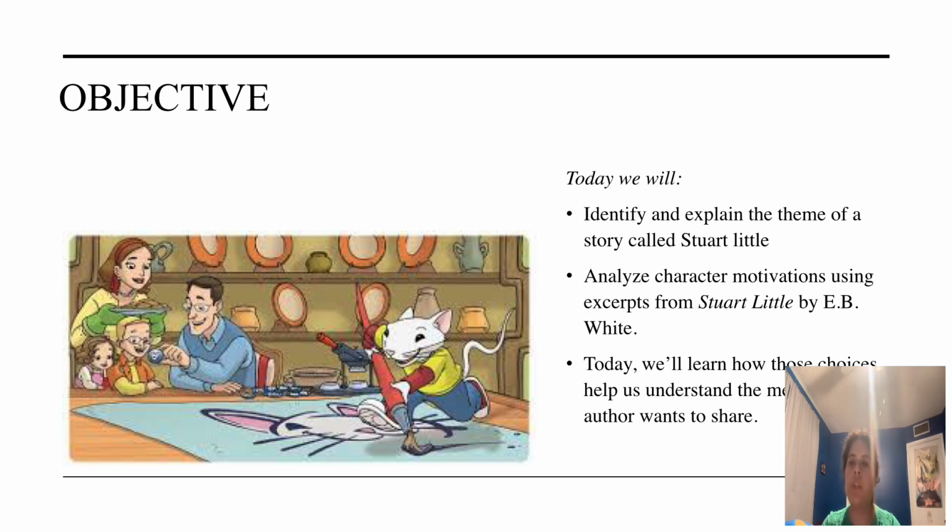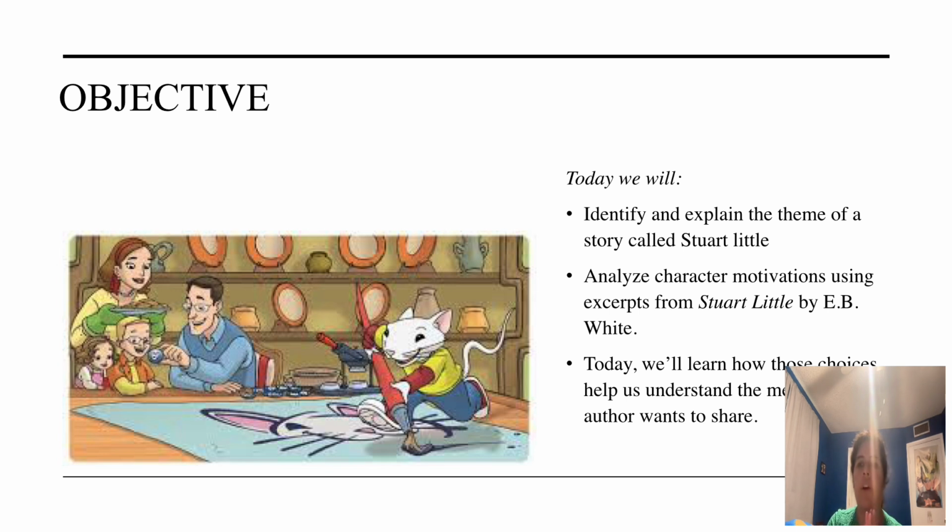So the objective today is we're going to learn how to figure out the theme of the story, which is Stuart Little. That means the message or the big idea the author wants to share. And we're going to do that by looking at what the characters do and why they do it.